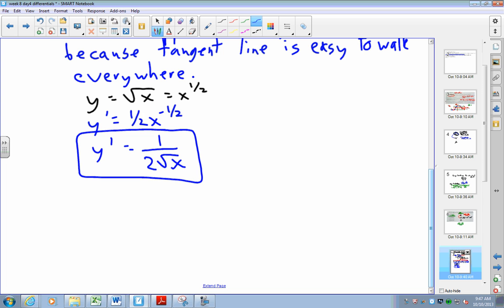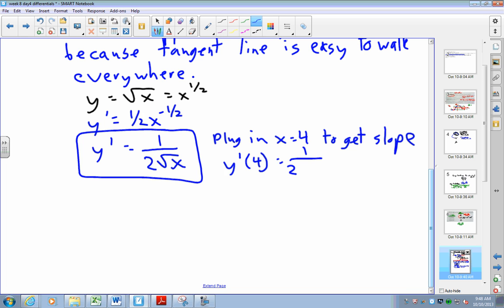Okay, what should I do to get the tangent line? What do I need out of this? Plug in x equals 4 to get slope. One over 2 square roots of 4, which is 1 over 2 times 2, which is 1/4.